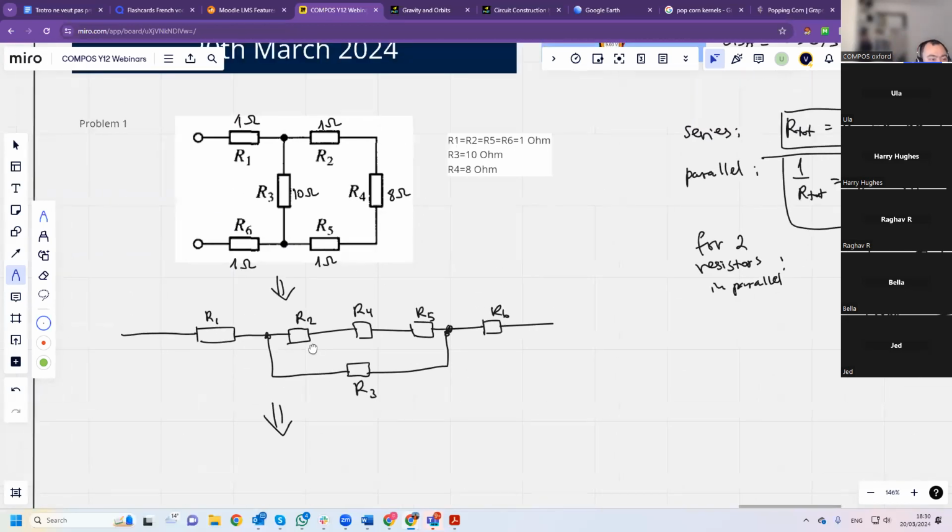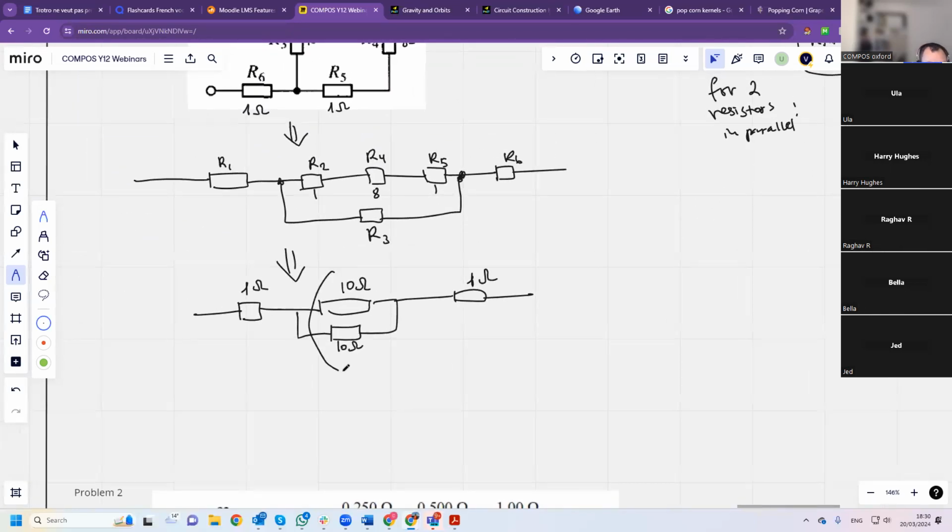Now I have R2, R4, and R5. So that's 1, 8, and 1. That's 1, 8, and 1. So that makes a total of 10. So it's equivalent to 1 ohm, 10 ohm, another 10 ohm, and then 1 ohm.